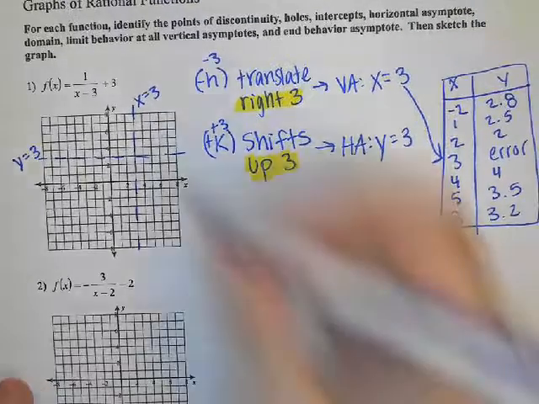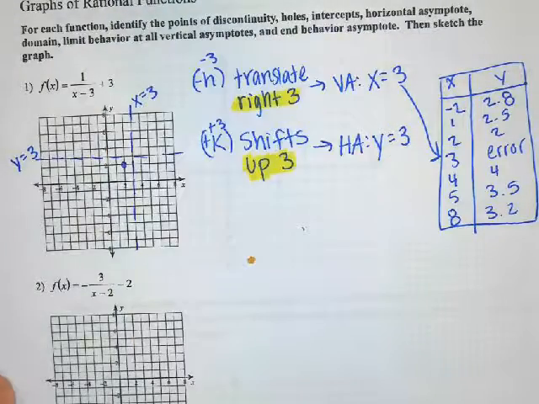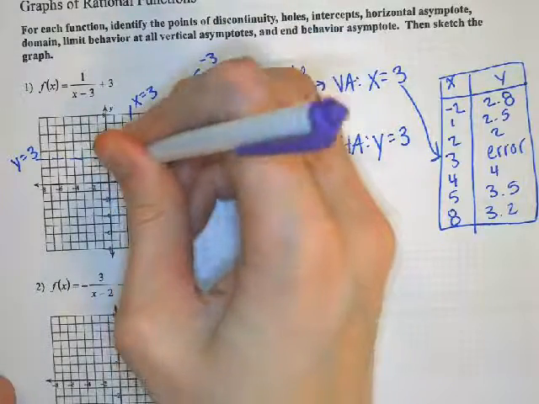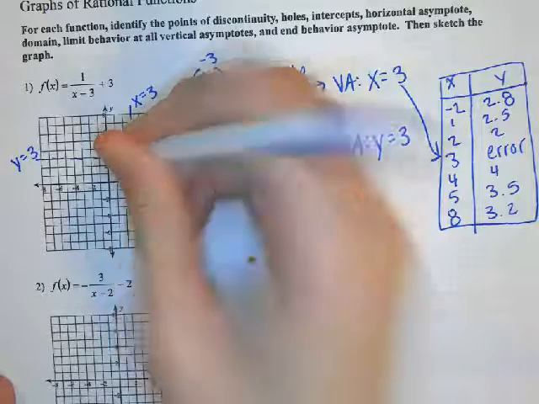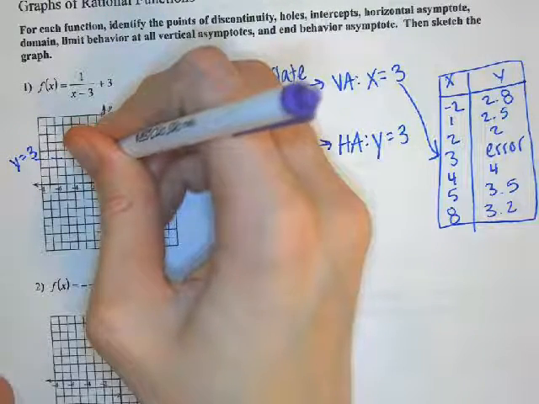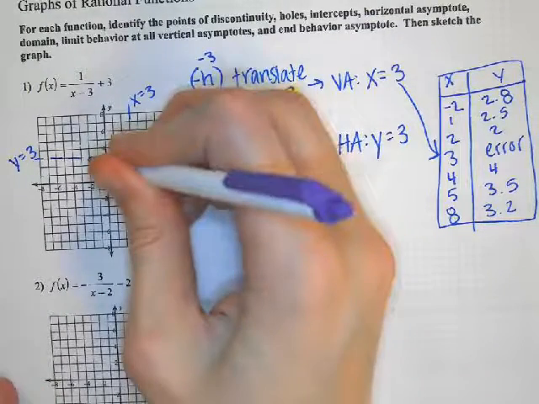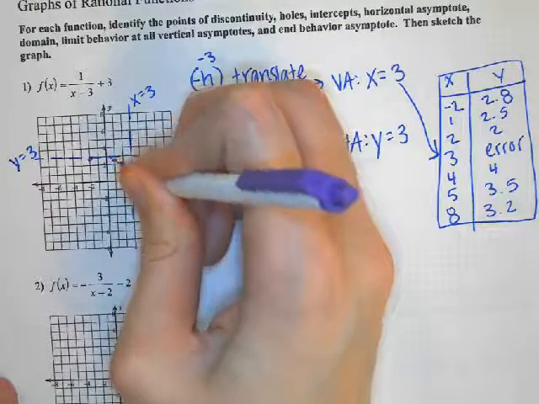We got 2, 2. Then we got 1, 2.5. And negative 2, 2.8. Even closer to 3. Okay, so we see the curve happening. Connect the curve and approach the asymptotes.